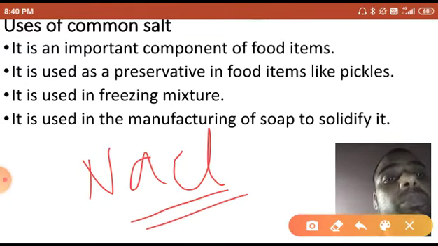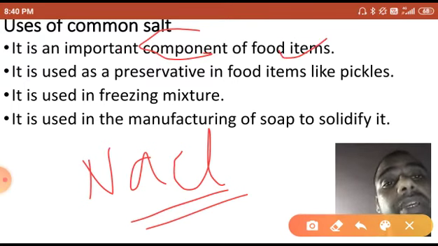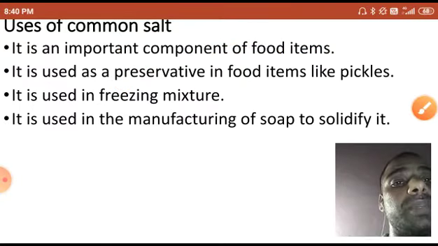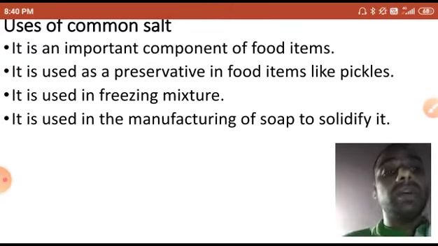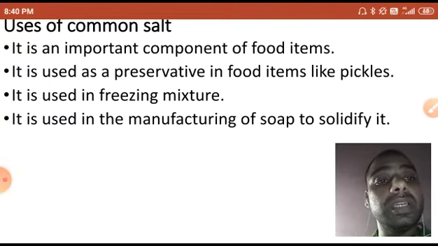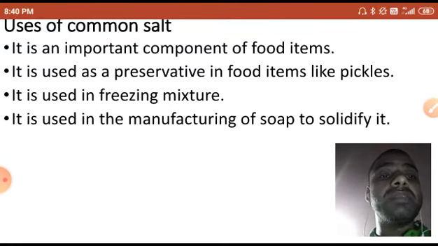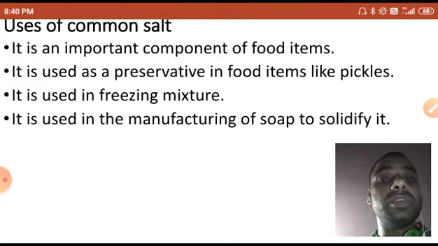It is an important component of food items. First, it is used as a preservative, like in pickles. Pickles are preserved for a long time, for a year, because of the salt. Salt acts as a preservative in that case.